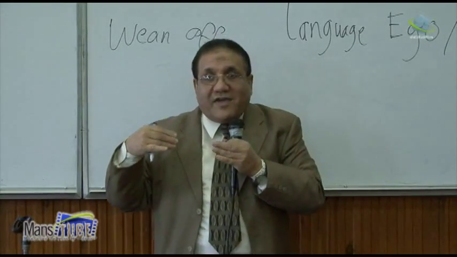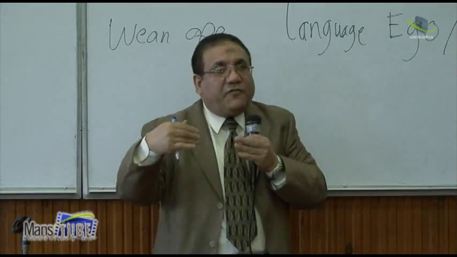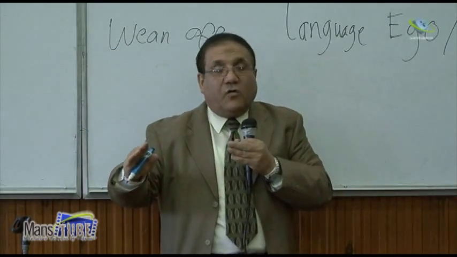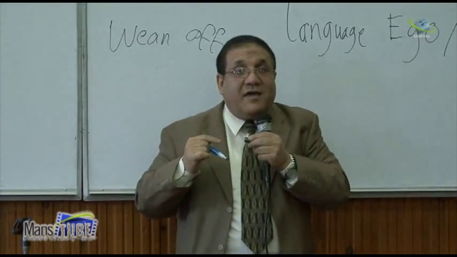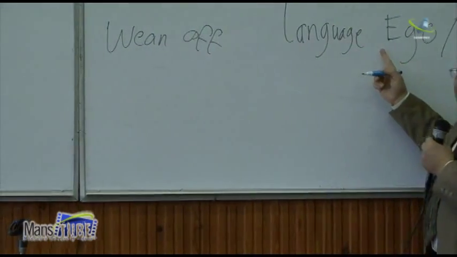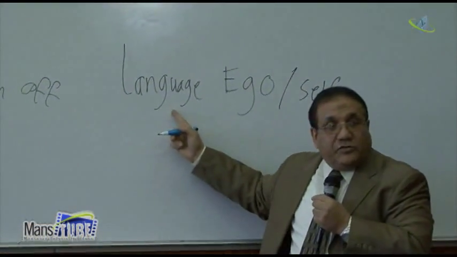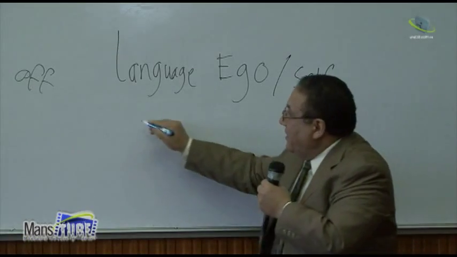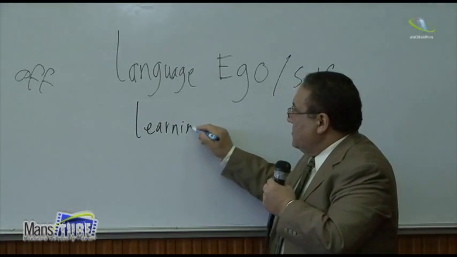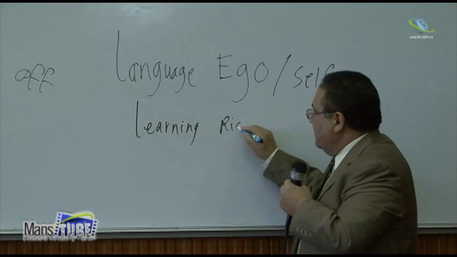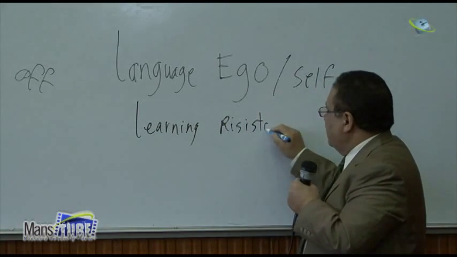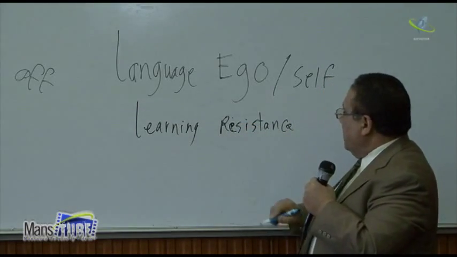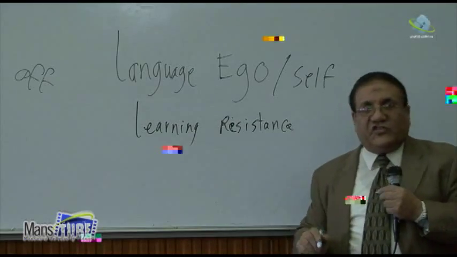So that's why we say you should wean off your learner. Don't start giving him English 100% of the time, because this way you will get resistance. Language ego leads to learning resistance.